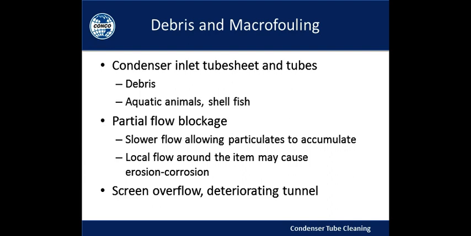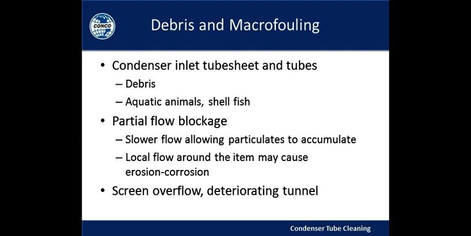Right. In addition to deposition, microbiological crystallization, and mineral content, there's general debris that may be coming in through the circulating water tunnel. It could even be part of your cooling tower.